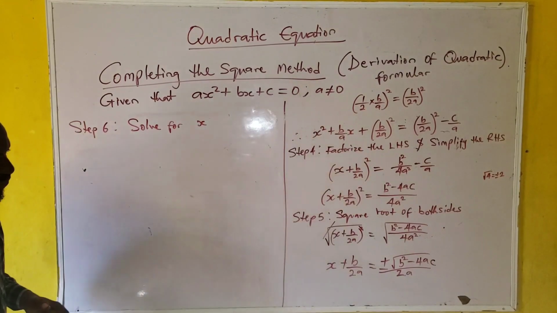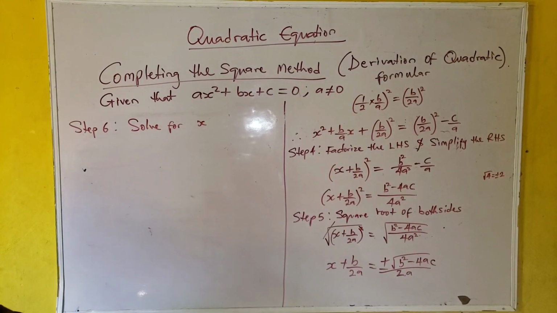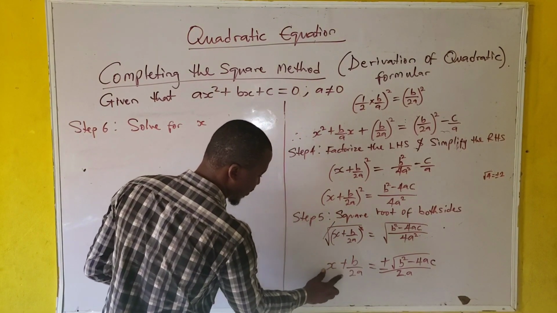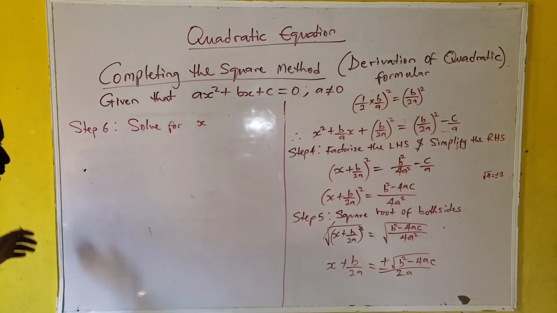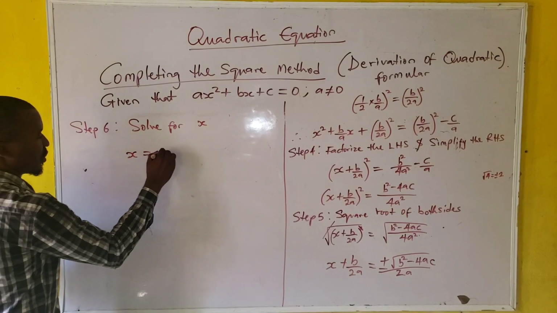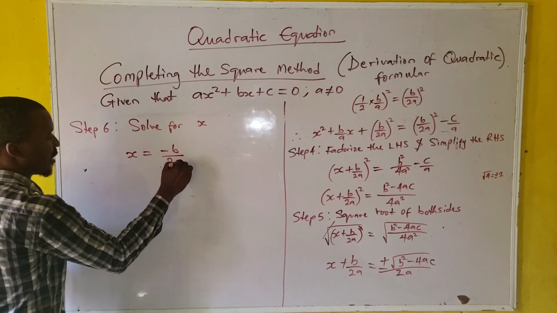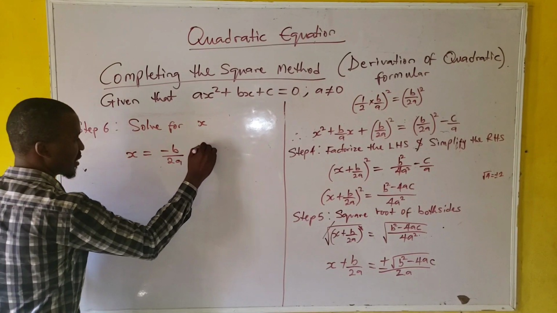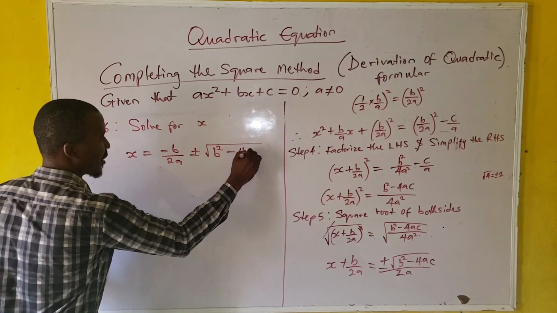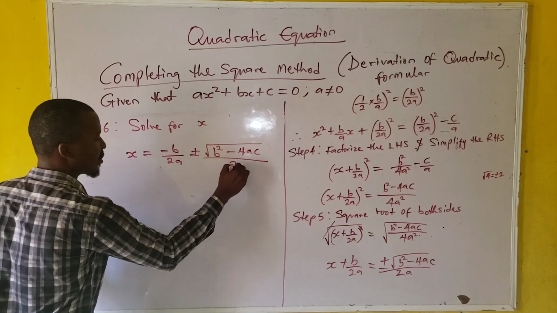We omitted that before. So when you transfer this one over here, because this is our target, this is what we have to have only at the left hand side. So that will give you x equals minus b over 2a plus or minus square root of b square minus 4ac all over 2a.